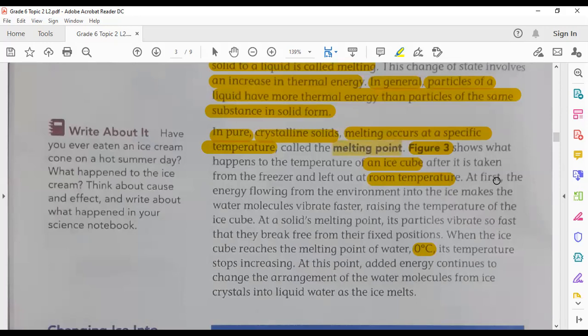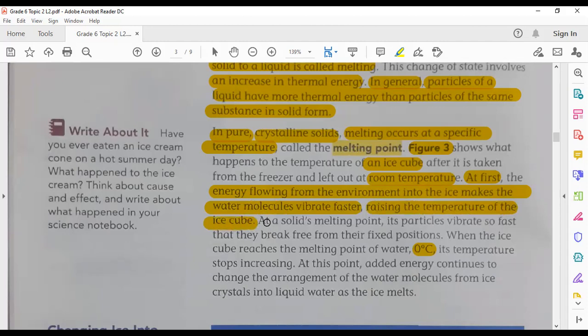Rashid, I will give you the chance, but wait. So at first, the energy flowing from the environment into the ice makes the water molecules vibrate faster, because they gain energy, raising the temperature of the ice cube. At a solid's melting point, its particles vibrate so fast that they break free from their fixed positions.